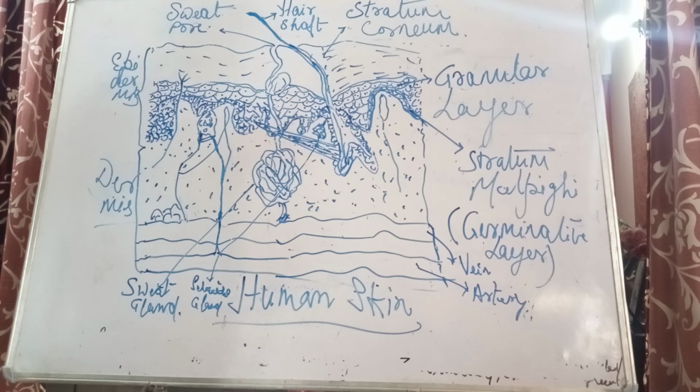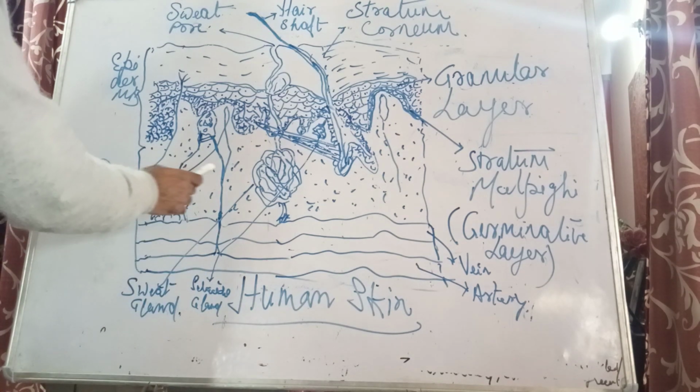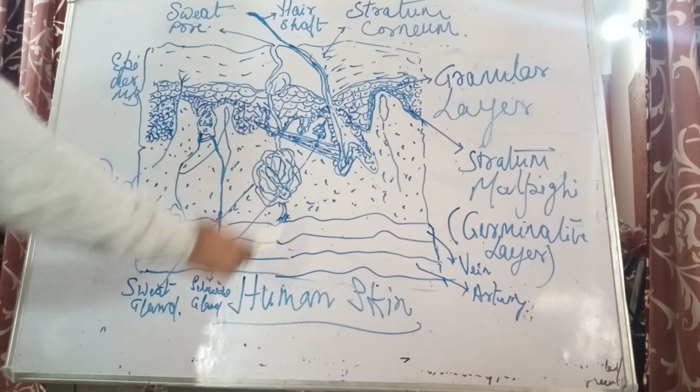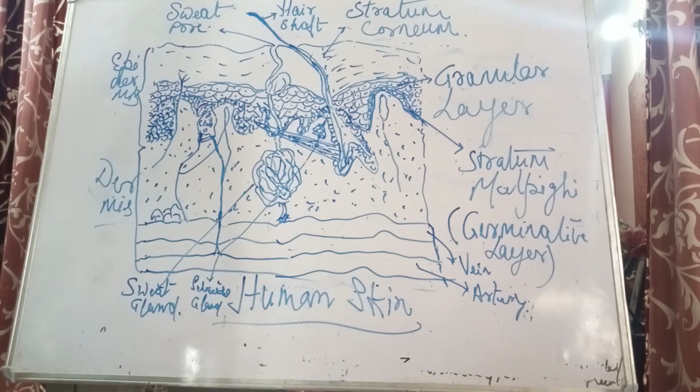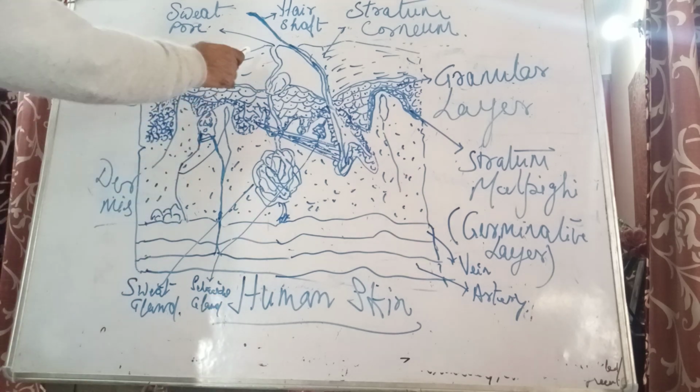And about dermis, you have to understand it is the internal part, and all the important glands and these capillaries and these nerve endings are there in this part, in dermis. Here you can see these sweat glands. So sweat is being excreted out through sweat pores.